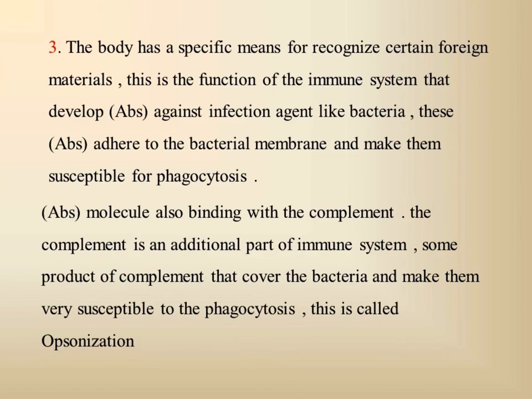The complement is an additional part of the immune system. Antibodies may also bind with the complement. Some products of the complement cover the bacteria and make them very susceptible to phagocytosis, in a process we call opsonization. So opsonization is the process of the complement, together with the antibody, covering the bacteria and preparing it for phagocytosis.